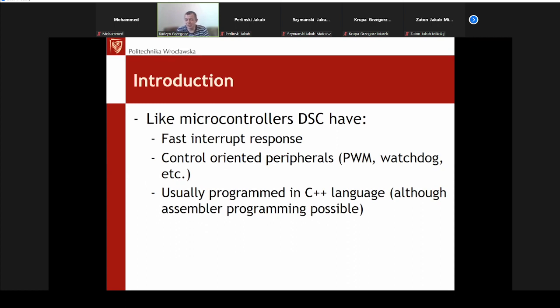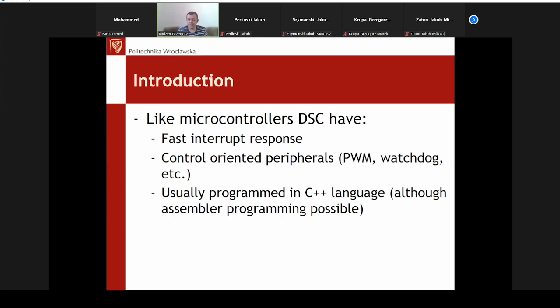Anyway, it was especially so that you can feel that C++ is pretty nice compared to assembly. And in the case of signal processors, so classic DSPs, it's quite often that you must unfortunately program in assembly and do it in a really sophisticated way, because the assembly language of DSPs is far from being simple. It's really much tougher than the STM8 assembly that you had a chance to play with.